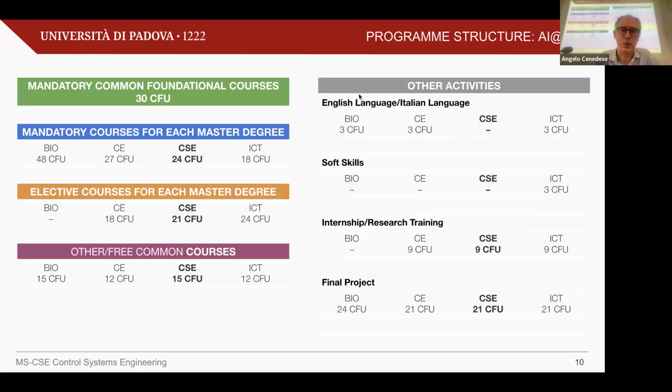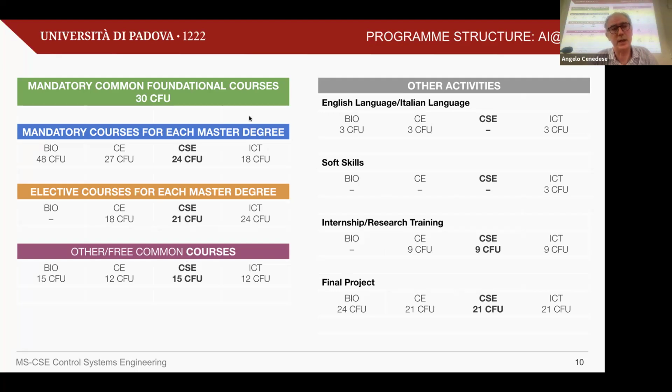So in practice, if we look from the perspective of this AI at DEIB track, we have 30 CFU of AI-related common courses, plus we have the mandatory courses for each master's degree. In our case, we have the 3 courses that I've just mentioned, so system theory, estimation and filtering, and control laboratory. And then we have elective courses for each degree.